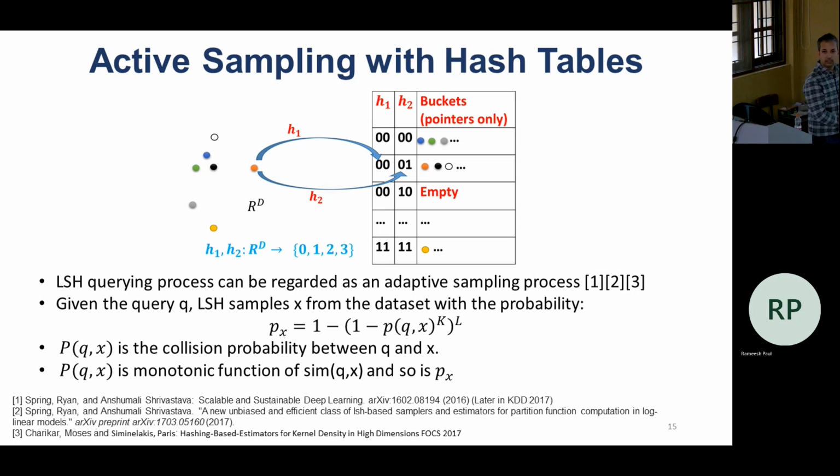Now, why is this interesting? This is not adaptive in the following sense: you can do this once and then pick a query, but if I design an algorithm that picks the next query based on what you have, it's not independent. There are ways to make it more independent. Let's say K and L are small. L is the number of hash tables.